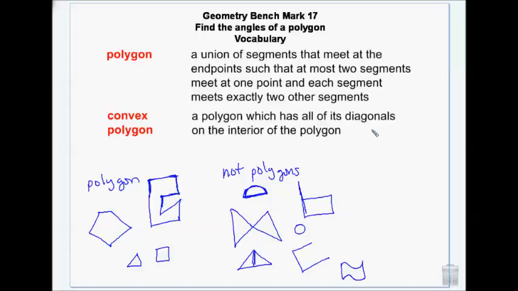So a convex polygon, if I look at a convex polygon and I create all the possible diagonals, so I can go across to here and here, or I can go from here to here, or I can go from here to there. They're all on the inside. None of them cross outside of the polygon. So this would be convex.